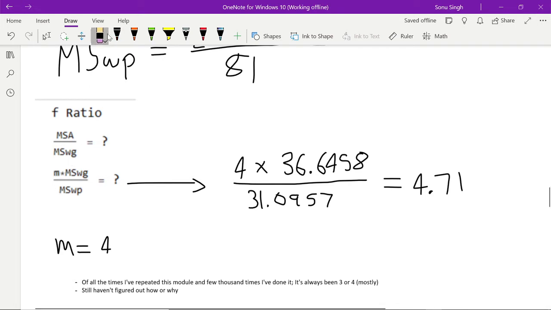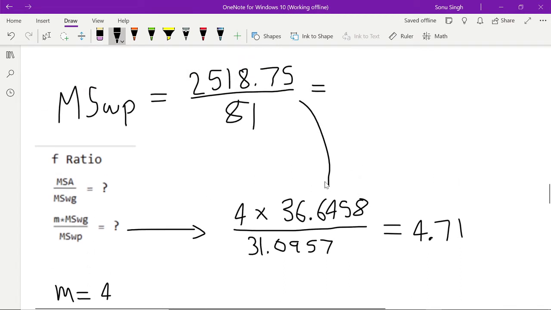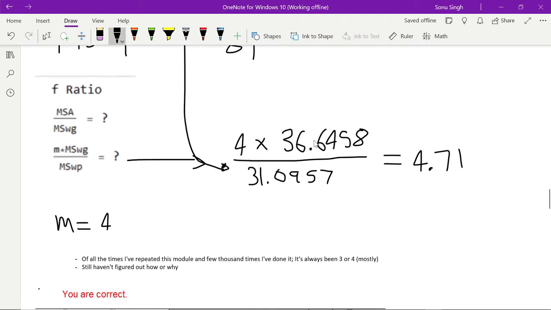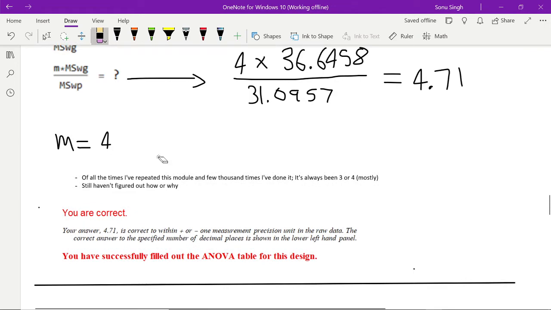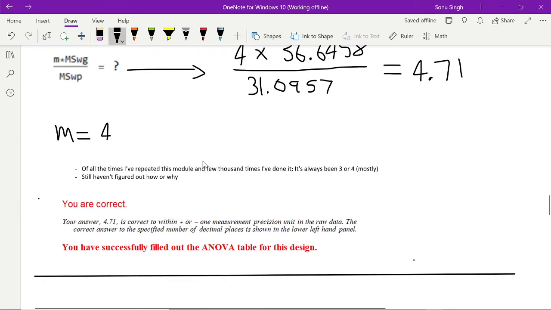And so for that, which is actually probably equal to the condition, so it's 4 times 36, whatever that, because that's that bottom value, over that would give you 4.71. And so, yeah, it's pretty much the condition. I think it's a condition, but I could be wrong. There's so much uncertainty in this module, so go under the assumption it is the condition.